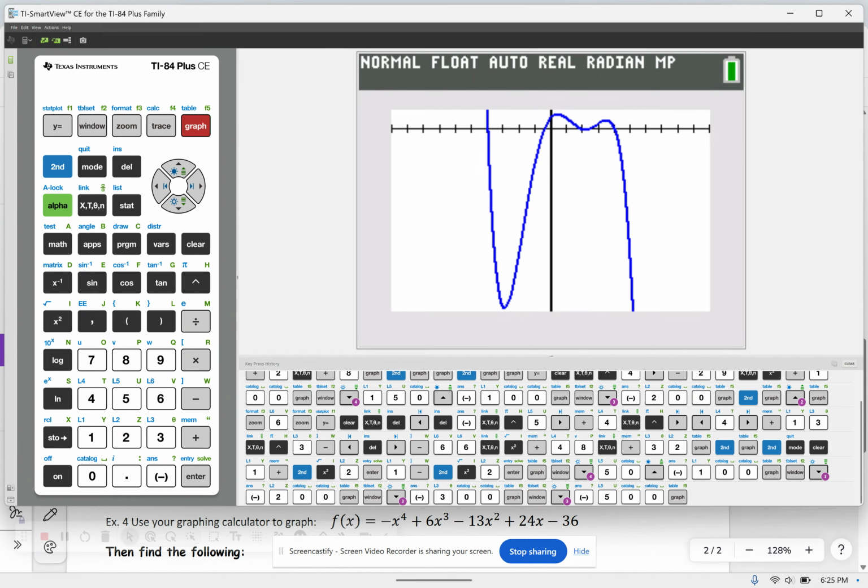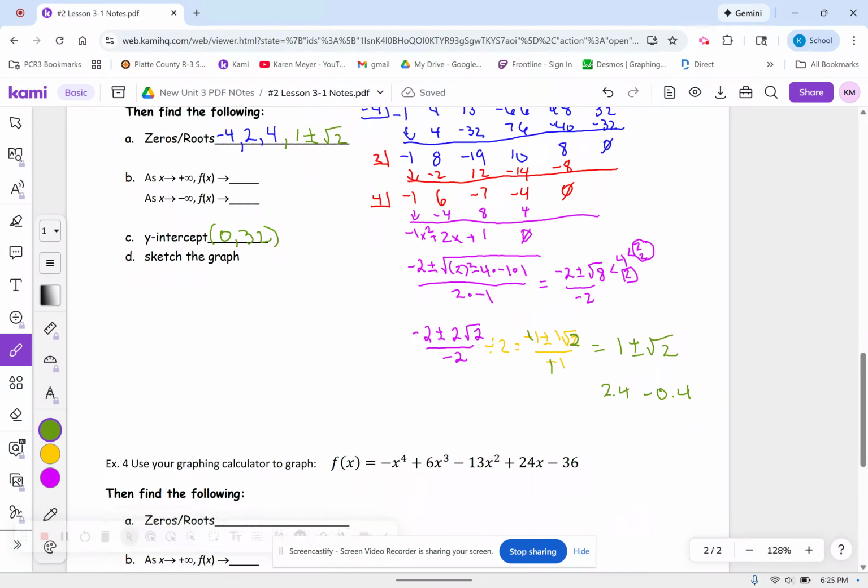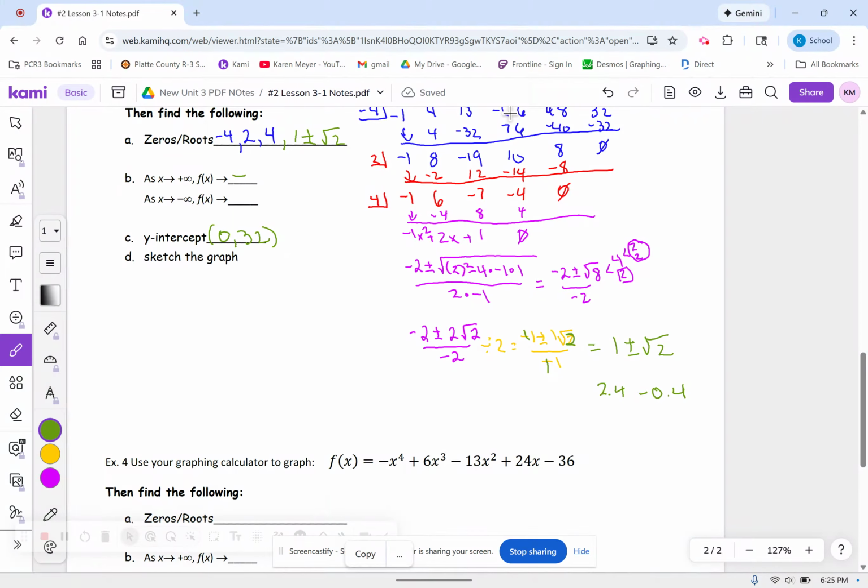So on the right side it's going down, so that's negative infinity, and on the left side it's going up, so that's positive infinity.